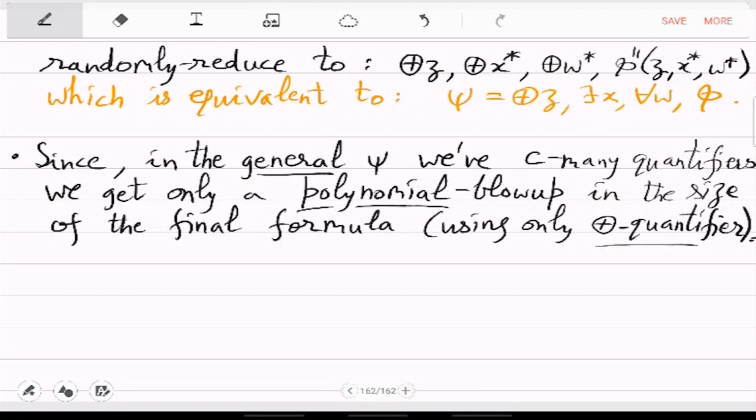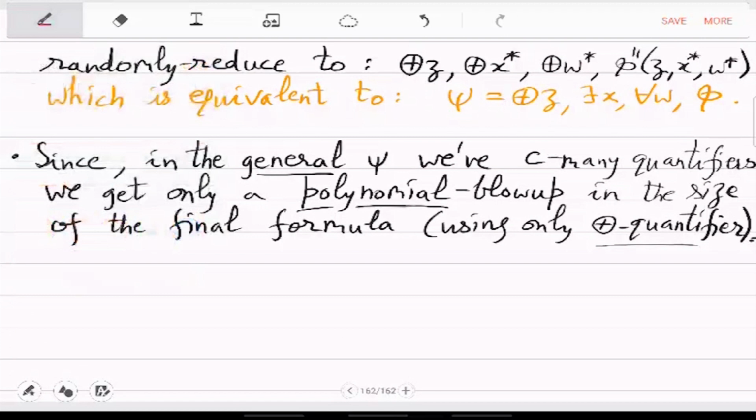Because remember we have been blowing up with this OR operator which was T times, and what was T? T was like N times L. So every time it's actually a polynomial blow up, but it's happening only C times. C is a constant. So C constant is important.